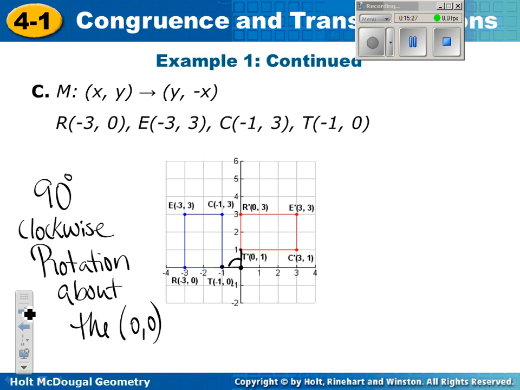Okay, so let's do the counterclockwise. Anne already has said those things that we're going to need to see here. Counterclockwise. So now we're going 90 degrees, but we're going to the left. Every rotation switches the x and y.